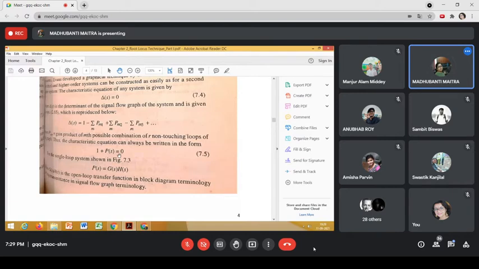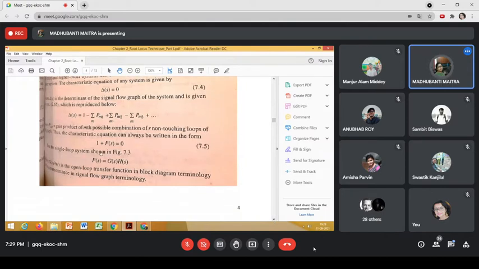Now for a single loop system, when there is a single feedback path, please note, this equation is a familiar one, and this Ps can be replaced by the term GsHs, where GsHs is the open loop transfer function. So this expression is pretty well known to us.